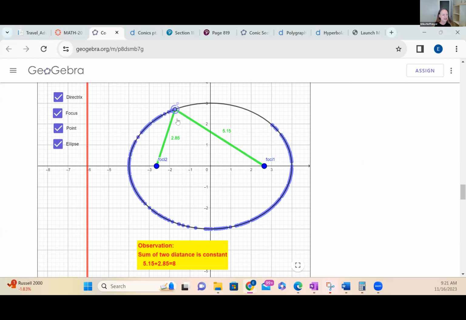And so in this case, you can see the sum of the two distances is always going to be 8, no matter where I put it. By taking these two distances, always summing to 8, we would get the shape of an ellipse.